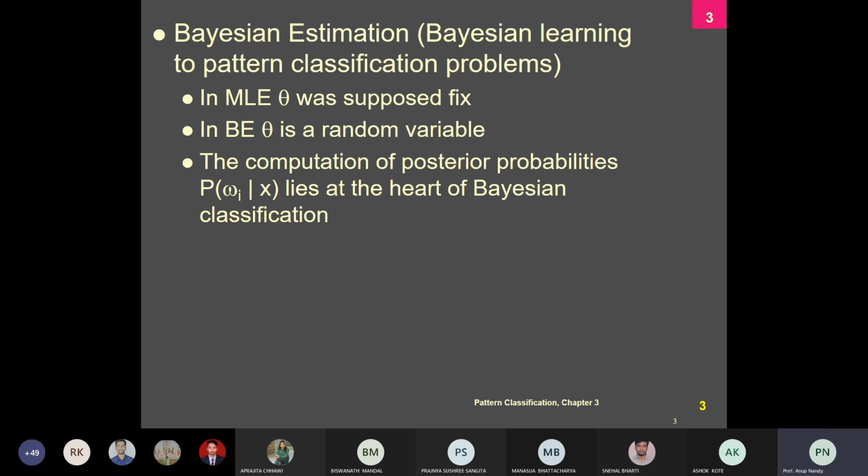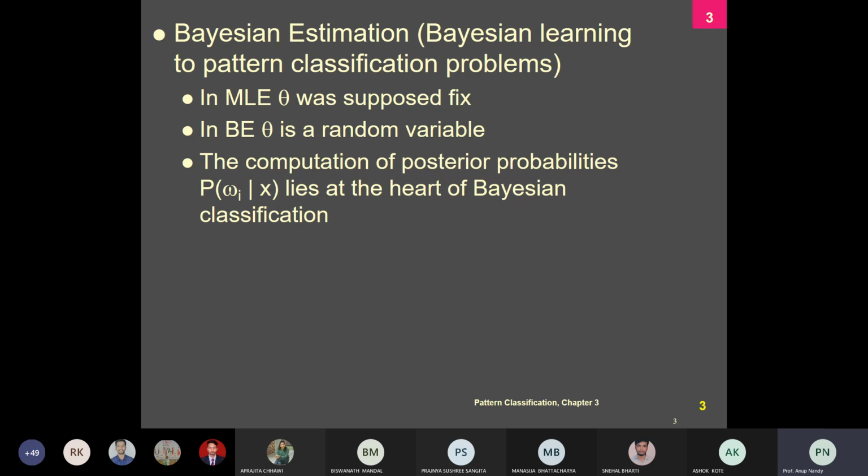Now the computation of the posterior probability P(wi|x) is called the posterior probability. It actually lies at the heart of the Bayesian classification that we have already seen. Whenever you see the Bayes classification, we decide P(wi|x) greater than P(wj|x).